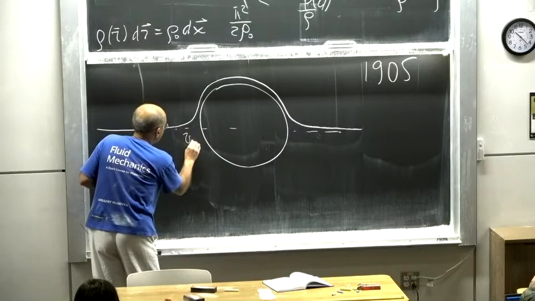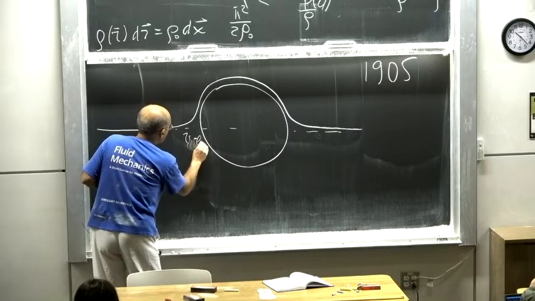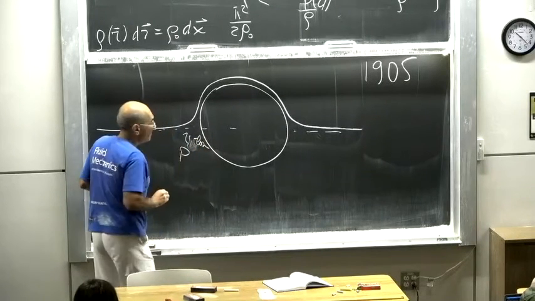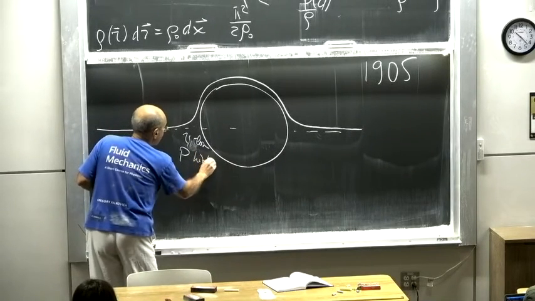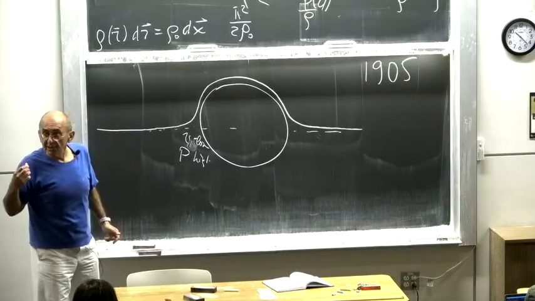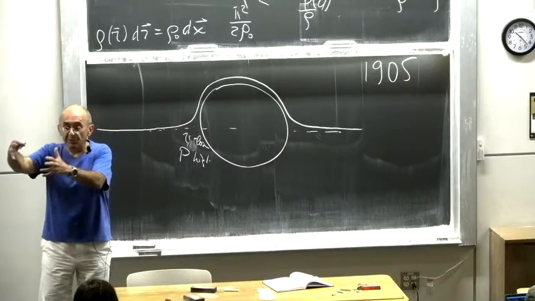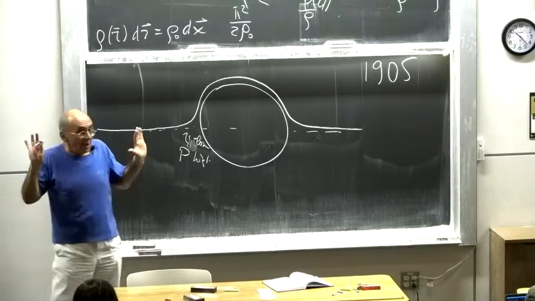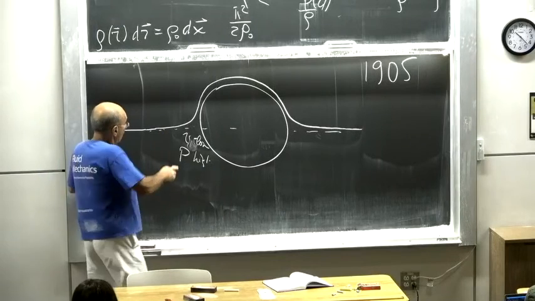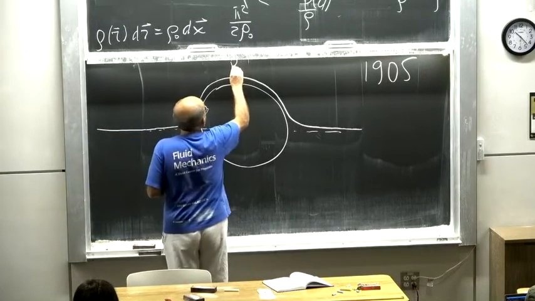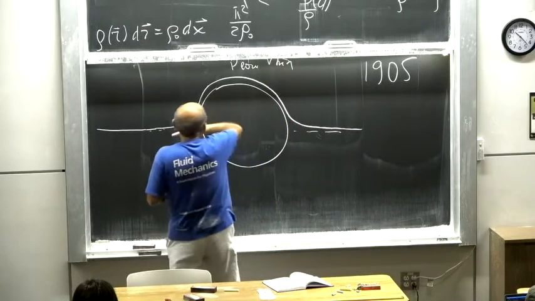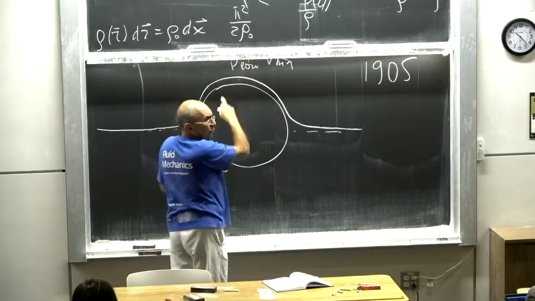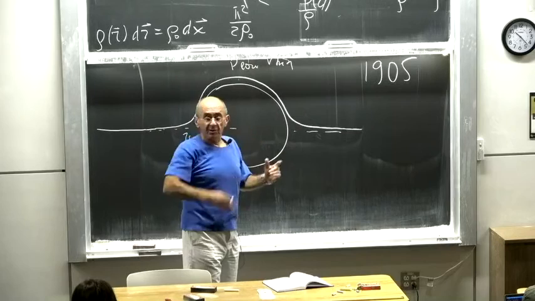So v here is low. What does that mean for pressure? Pressure here is high, because I have my Bernoulli theorem, v squared plus p over rho equals constant. I'm an ideal fluid, right? So my pressure here is high, and pressure here is low, because velocity is high. This is the fastest point. I need to go around the obstacle.